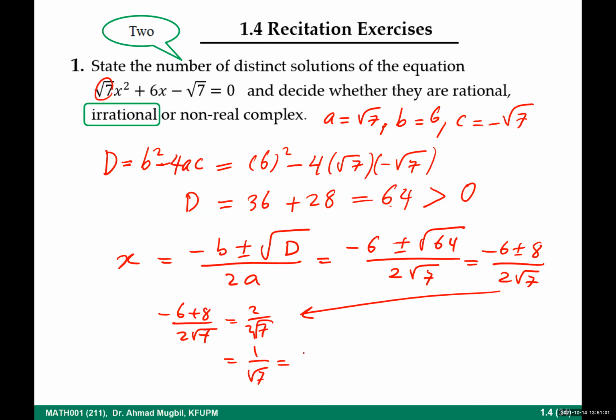Of course, if you rationalize it, it will be square root of 7 over 7, which is irrational. Clearly, also this one will be negative 14 over 2 square root of 7, which is negative 7 over square root of 7, which is negative square root of 7 if you rationalize. Right? So both, of course, are irrational solutions.